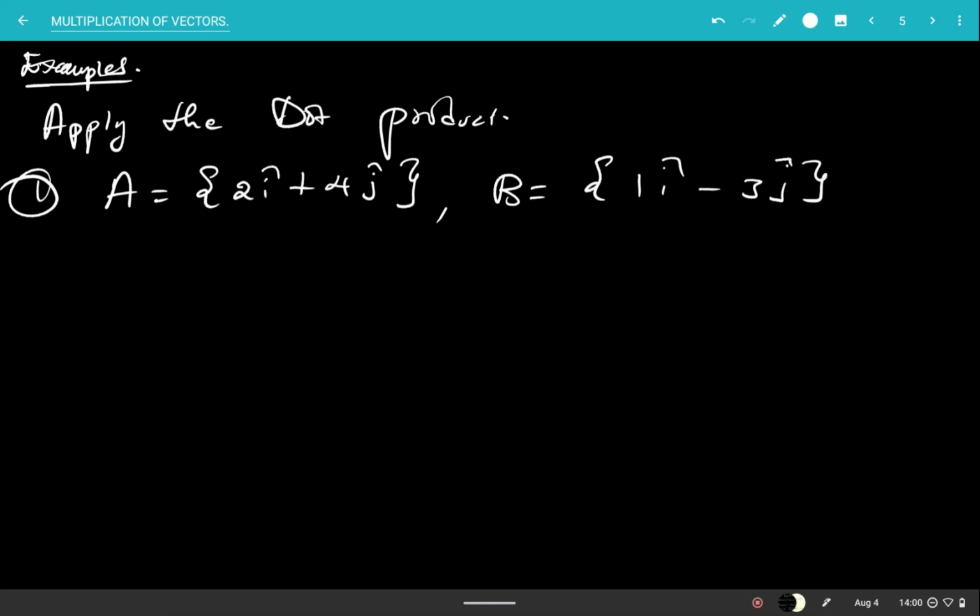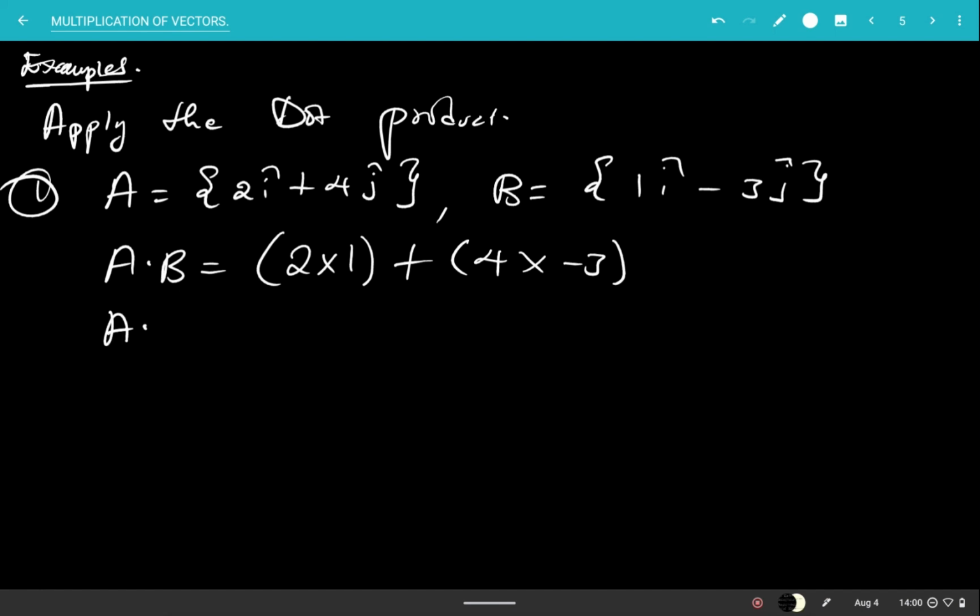If you've been asked to find the dot product of this, A dot B, I only have to multiply those in the i with the i, so it's 2 times 1, plus those in the j with those in the j, which is 4 times negative 3. So A dot B is equal to 2, 4 times minus 3, that's minus 12. Therefore, A dotted with B will give you minus 10.